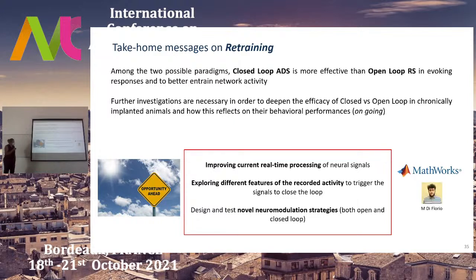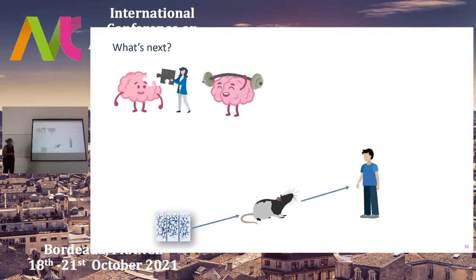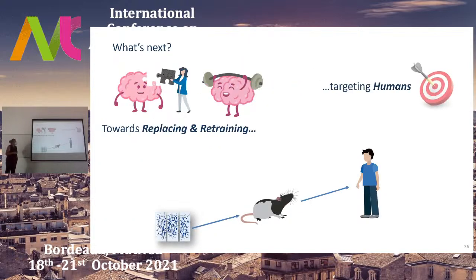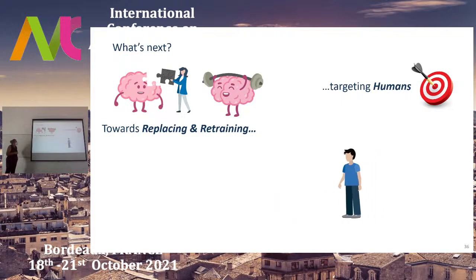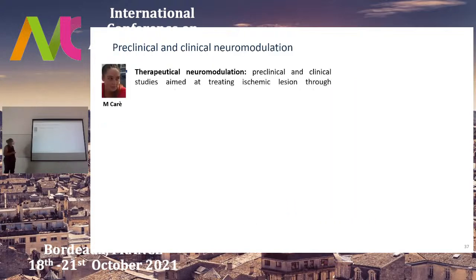And in particular, the part of the activity in which technological improvement is necessary is done in collaboration with Matrix, and thanks to the work of Mattia, another student who will start a PhD program in the next month. So what's next? Of course, the target is also humans, but for the moment we are still working at the preclinical level.